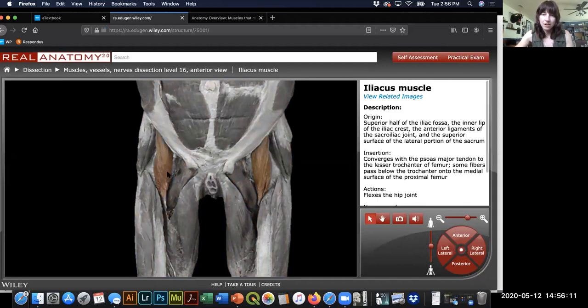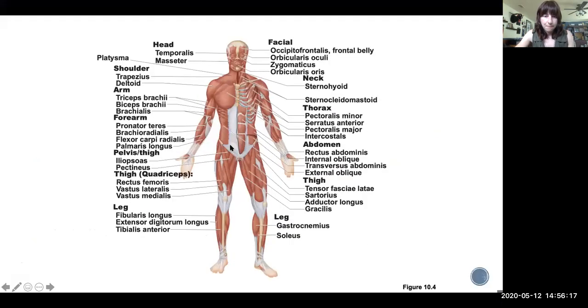Okay, so you've basically got what we're going to consider the iliopsoas here and the pectineus here. These two muscles right here are going to be used to flex the hip. Okay, so you're basically raising your knee up. If you raise your knee up, you're going to be using your iliopsoas and your pectineus muscles here.